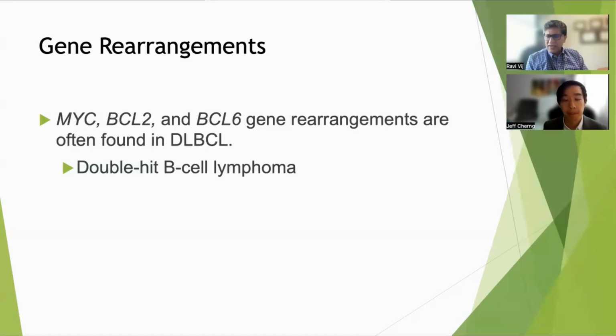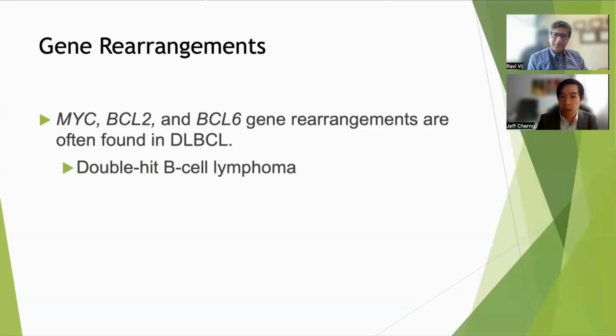So there's obviously another term that's often used, double expressors. And so how do they differ? Are they the same as the double hit? So they're a little bit different, but certainly there's likely a good amount of overlap. Double expressor lymphomas pertain to patients with DLBCL that express MYC and BCL2 by immunohistochemistry.